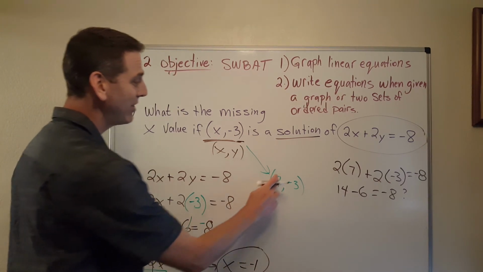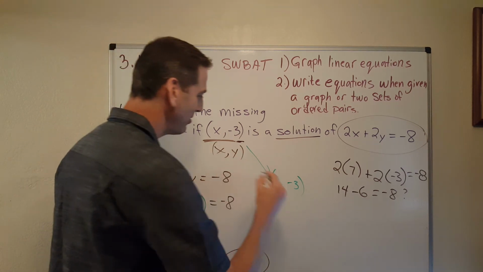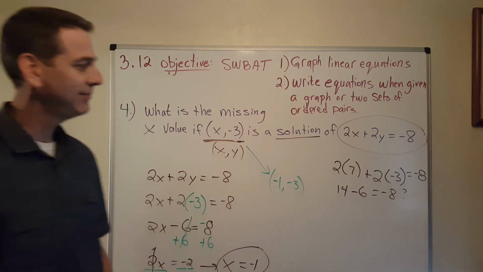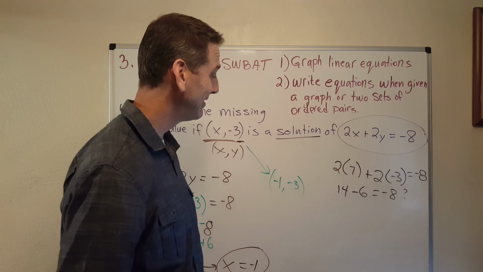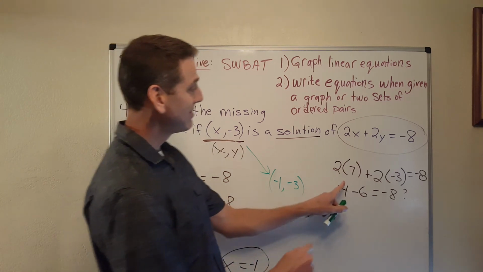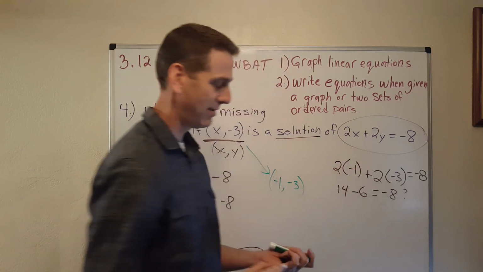So this is not a 7. Boy, oh boy. That's a negative 1. So now let's check it and see if we're right. So -1 is what x is, right? So instead of a 7, I'm going to put a -1 there.